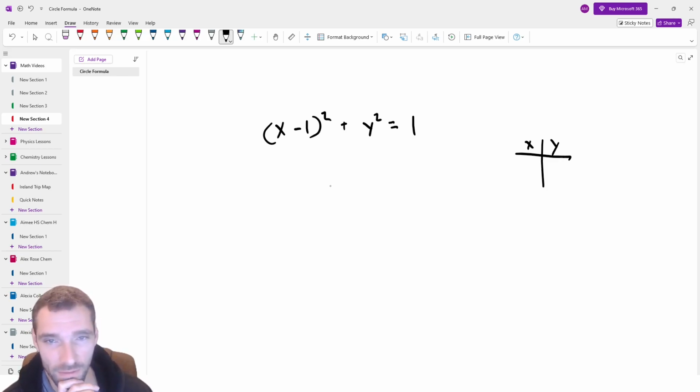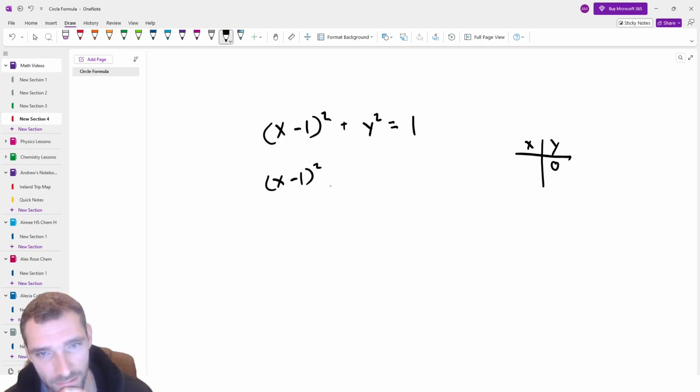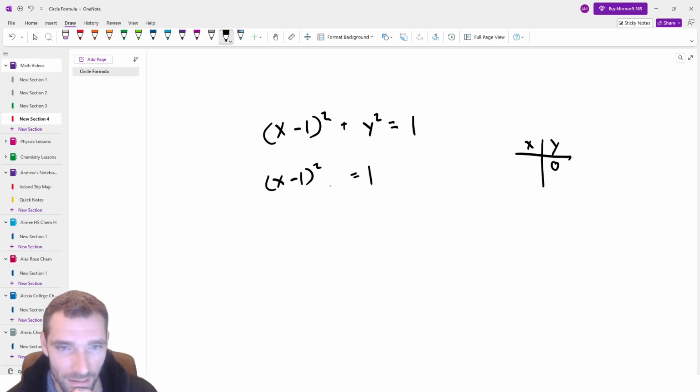So if I wanted to make y 0, then I've got just this x minus 1 squared is equal to 1. In other words, I want the value of this whole thing in here to be equal to 1. And I can do that a couple different ways: 1 or minus 1.